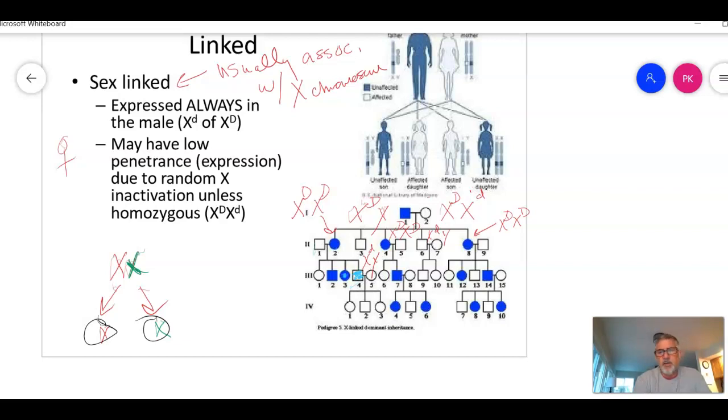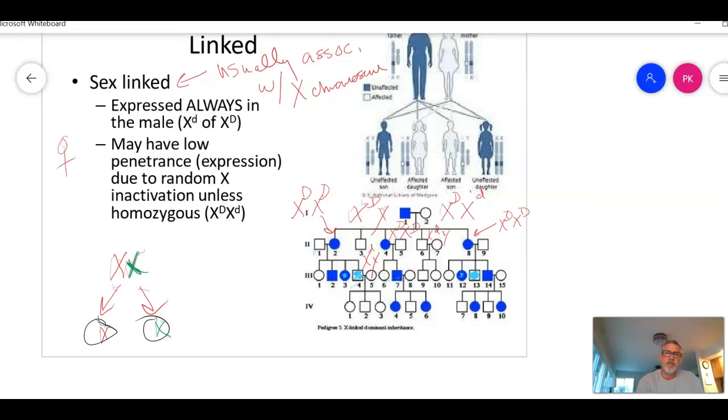There's no way this child would exhibit it. Over here, this male has to be, so she's not. Over here, nobody has the disease. She could still be a carrier. We don't know. Over here, she has it, so her male offspring all have to have it. Females do not. He doesn't have it, so this one would be a carrier.